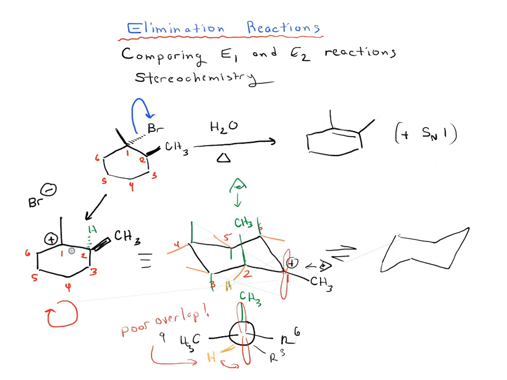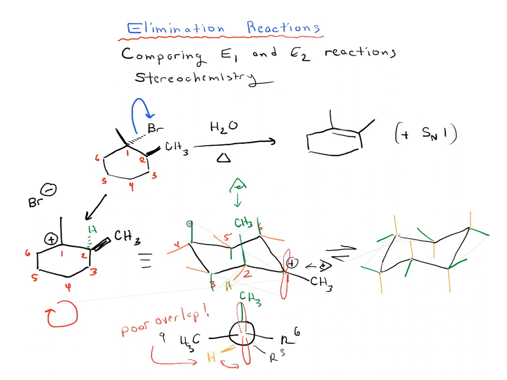When you're doing a chair flip, make sure you're not just flipping everything on its back, that you really are taking your equatorial groups and making them axial, which is what I'm going to do here. Down, up, and we can draw in the CH3 later, the carbocation later. Make sure you draw your equatorial groups in as well.